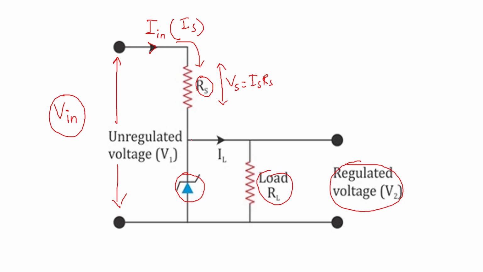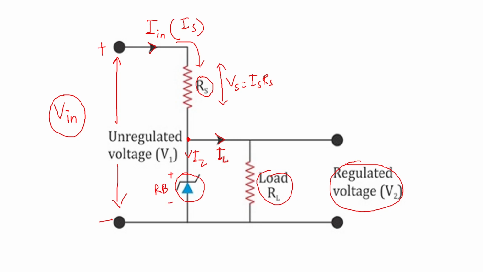Now this IS at this junction will break into two: the Zener current IZ and the load current IL. This is the positive terminal and this is the negative terminal, so the Zener is in reverse bias.